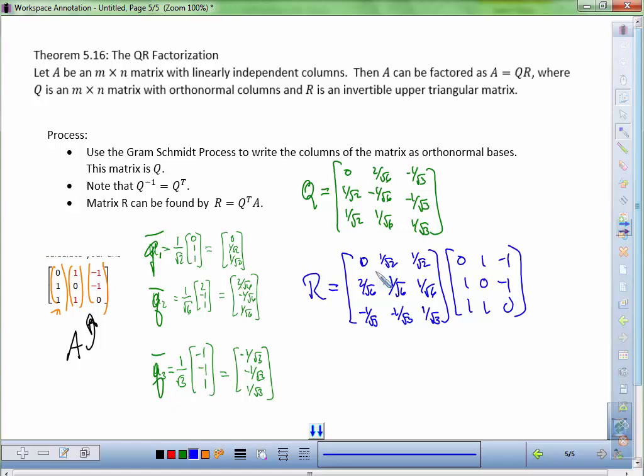All right, let's do the multiplication. So first row, first column: that's 0, 1 over root 2 plus 1 over root 2, so that's 2 over root 2. I did do the transpose. This is the transpose of this.